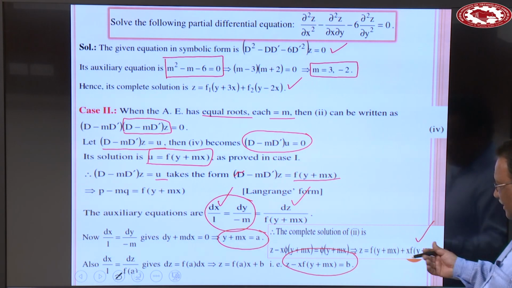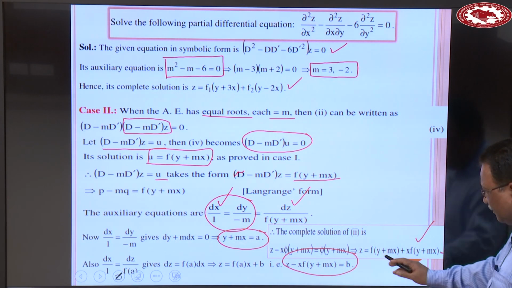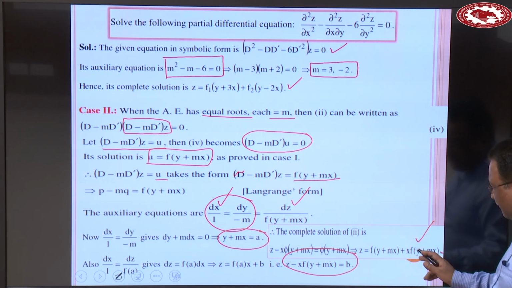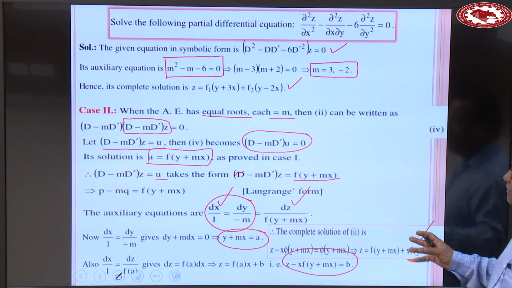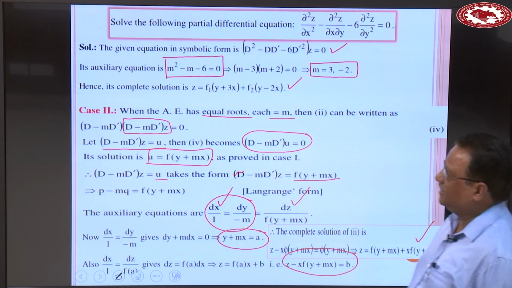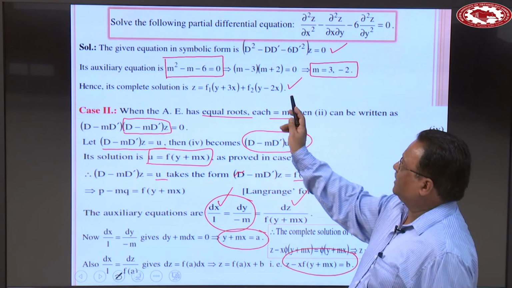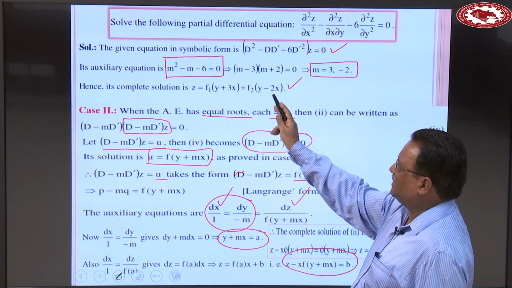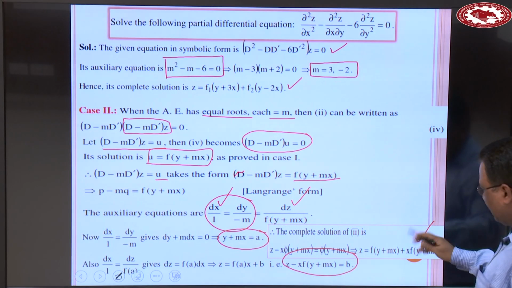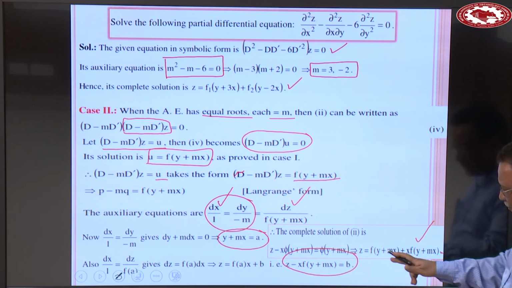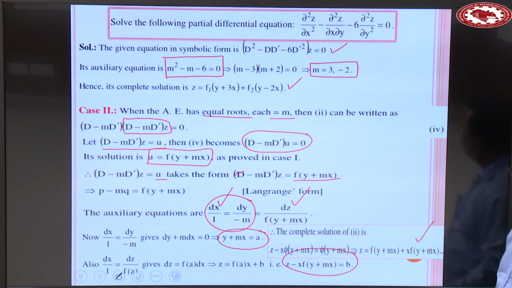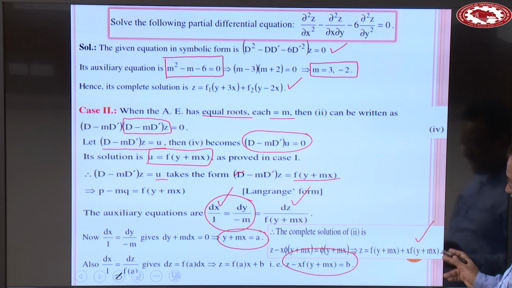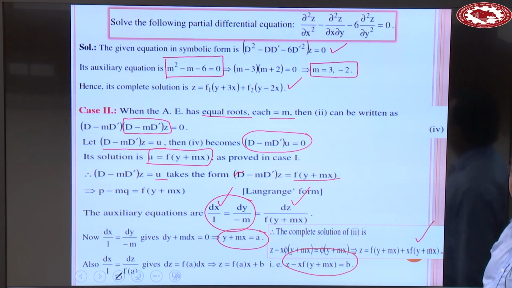और अगर ये distinct होते तो क्या होता, function of y plus m1x plus ये x नहीं होता, function of y plus m2x, तो आपका solution उस टाइप से लिखा जाता, जैसे यहाँ पे लिखा हुआ है, function of y plus m1x plus function of y plus m2x. बट अगर आपके रूट्स रिपीट हो रहे हैं तो आप सेम चीज लिखिएगा, बट यहाँ पे x टाइम लगी है, और अगर 3 रूट्स सेम है तो नेक्स्ट टर्म आएगी plus x square function of y plus mx.